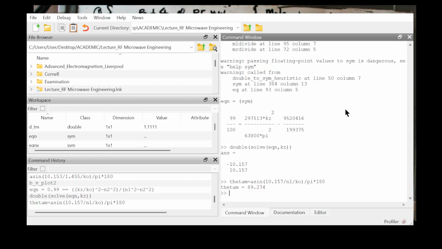So the first one is 89 degree, 89.2, and the value of k is 10.15. 89 degree.